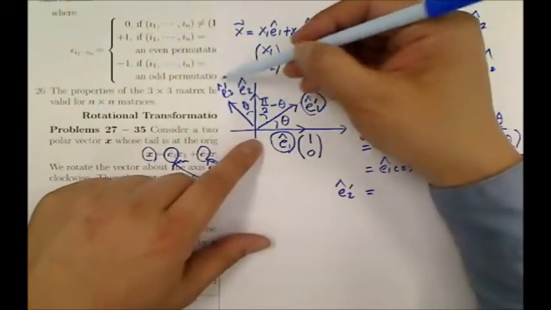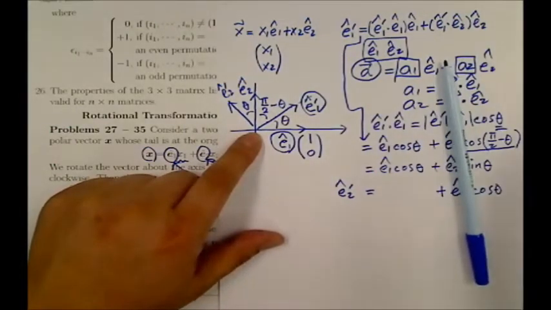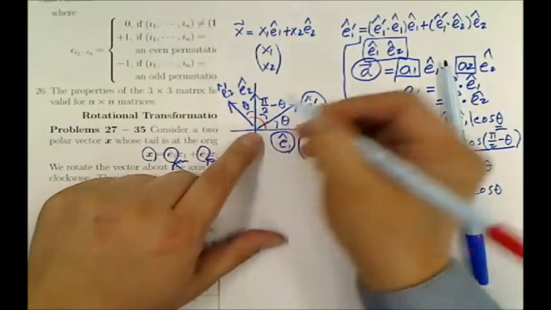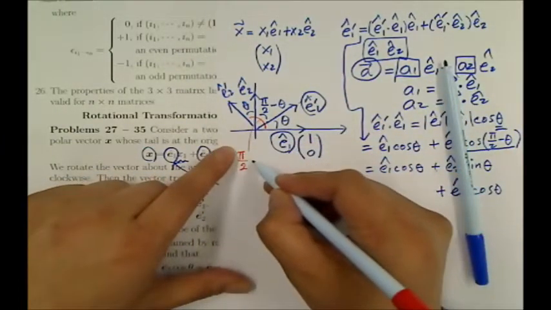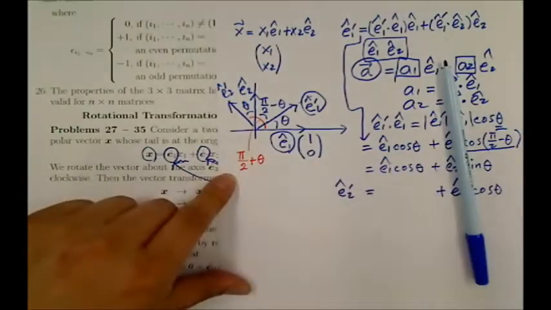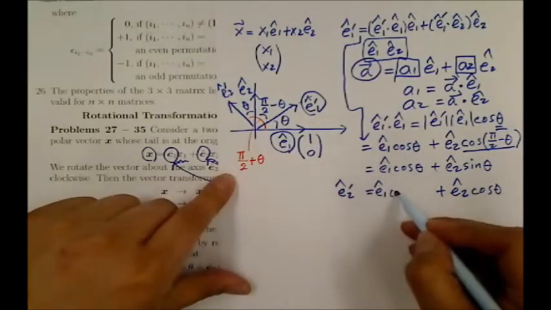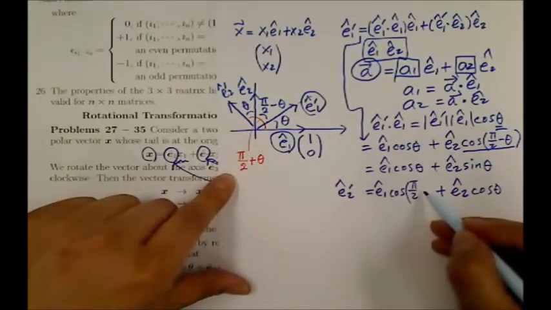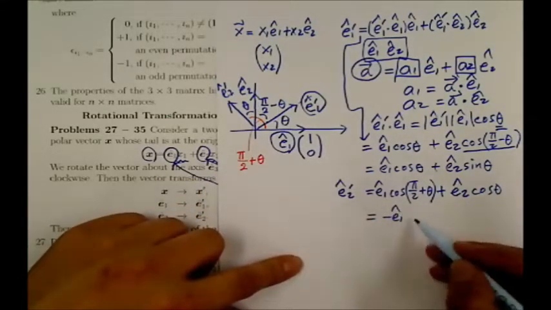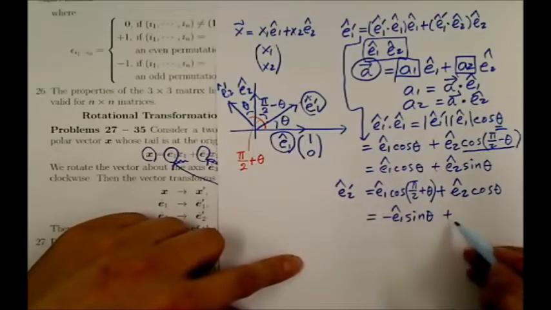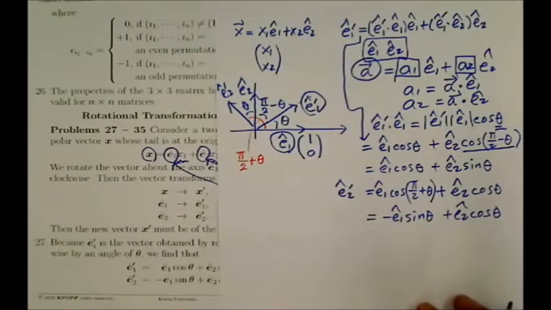Next, E2 prime has this angle, that is half pi plus theta. Therefore, this is E1 hat cosine of half pi plus theta. The result is minus E1 hat sine theta plus E2 hat cosine theta. Okay?